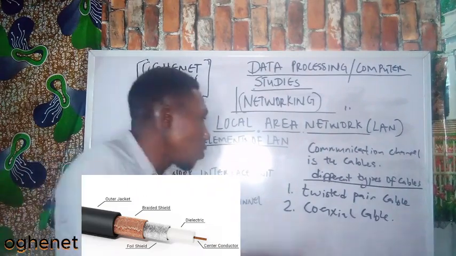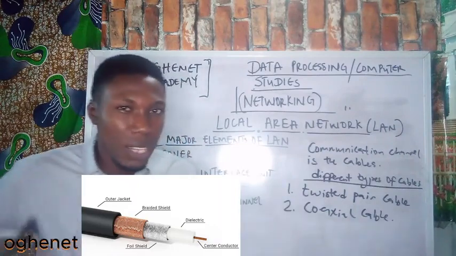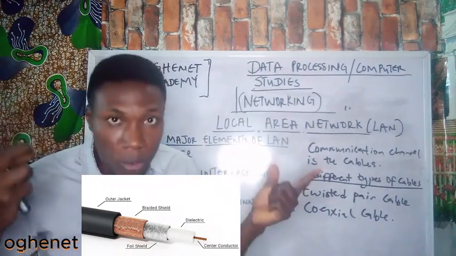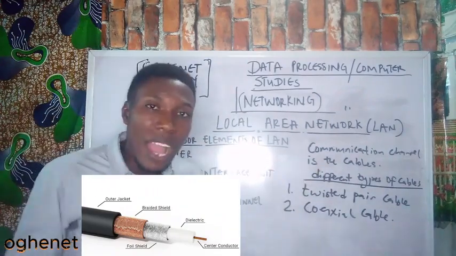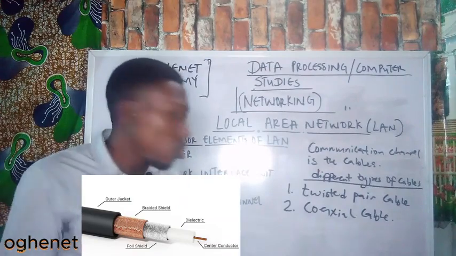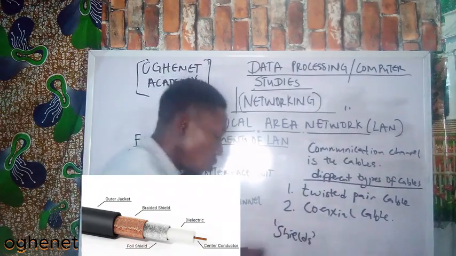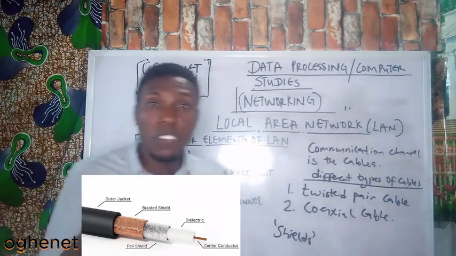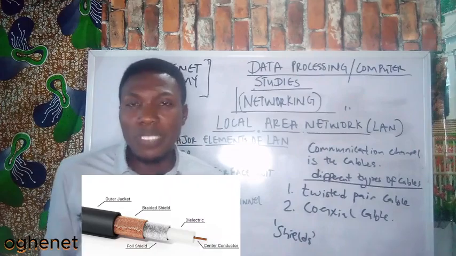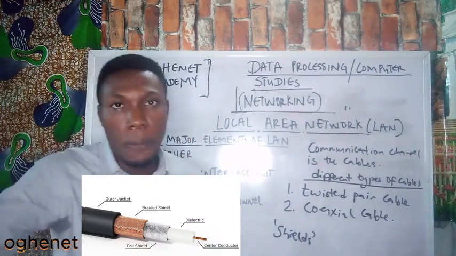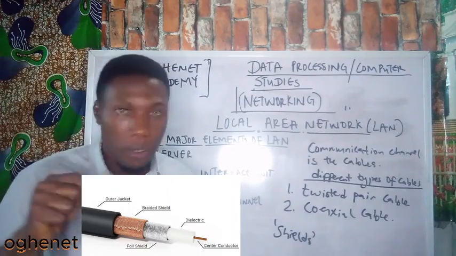So instead of twisting the wires together to avoid interference or noise, you have what you call shields. These shields are what make it possible for the signal to be transmitted successfully without interference.